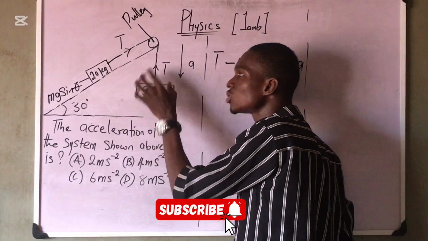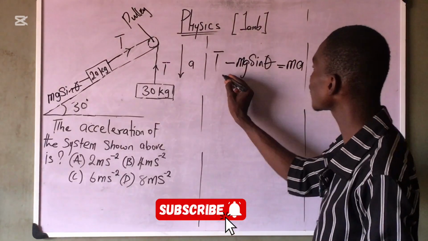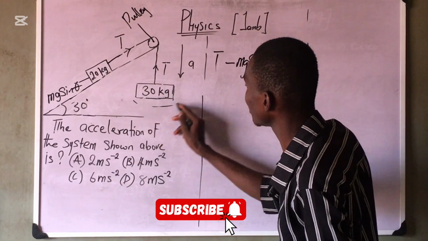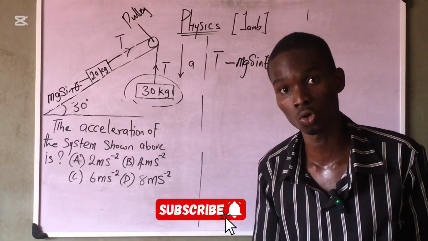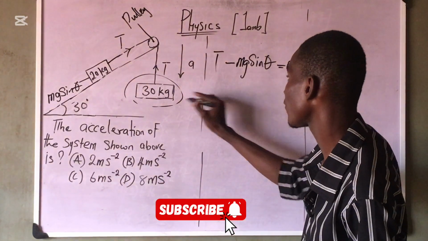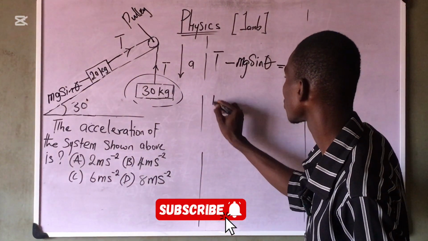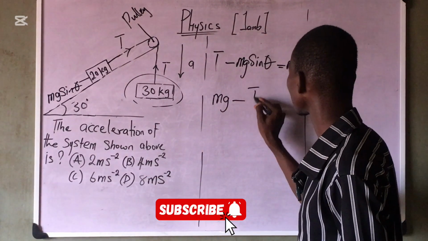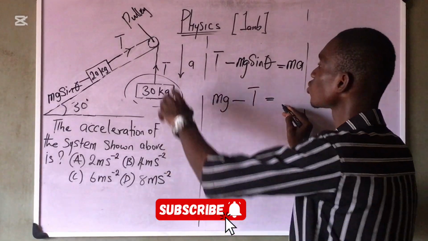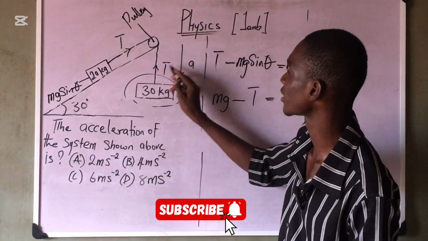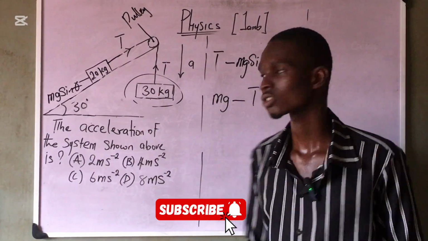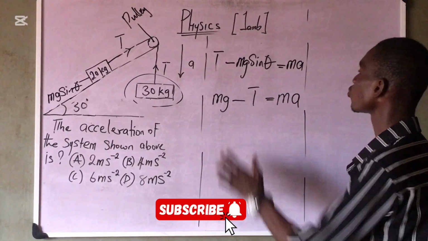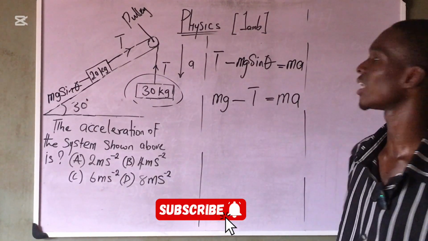So the load is greater than the tension. Because what I'm having here is mass, not load or weight, I will still have the load here, which is mass times acceleration due to gravity, greater than the tension, which is equal to the force acting here. And what's the formula for force? Mass times acceleration.